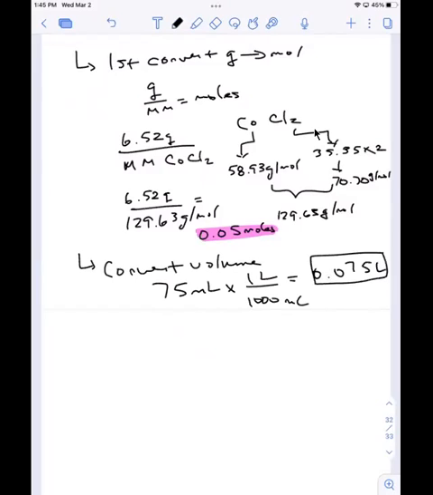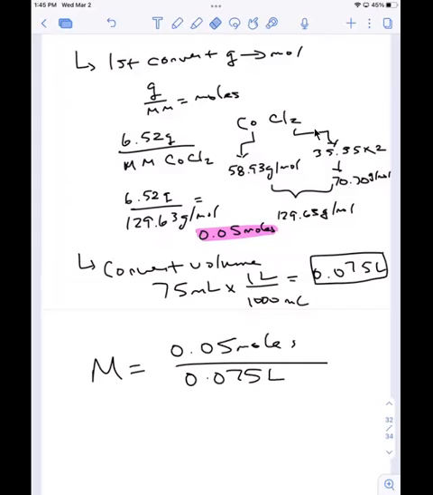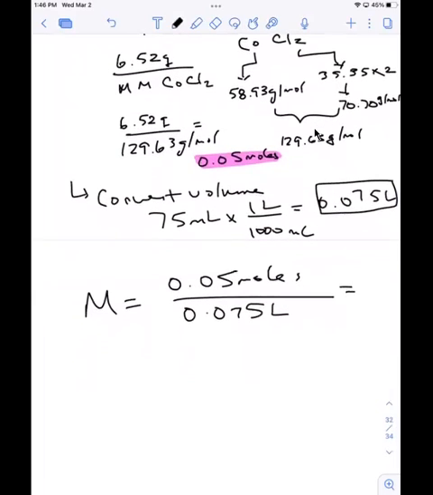All right, now all we need to do is put them together. So the molarity is 0.05 moles divided by 0.075 liters. Any questions about that? Y'all quiet today. Somebody pop that into the calculator and tell me what you got. Got 0.6 repeating.